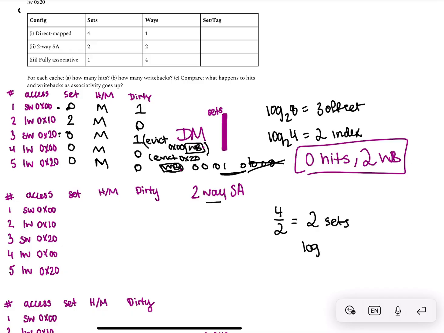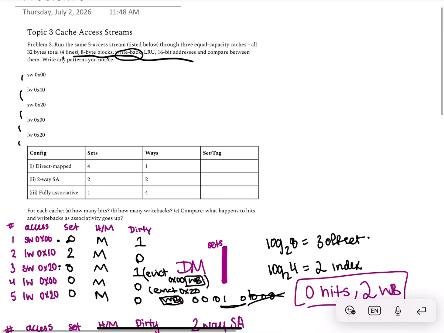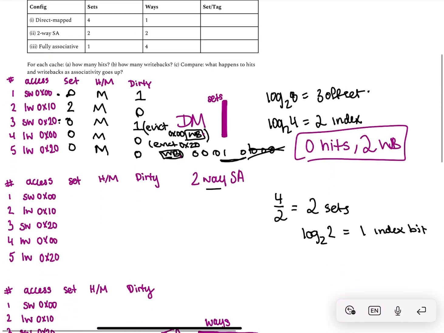So log base 2 of 2 sets is 1 index bit. And the offset bits carry over because our block size doesn't change. So I'll write here still 3 offset.